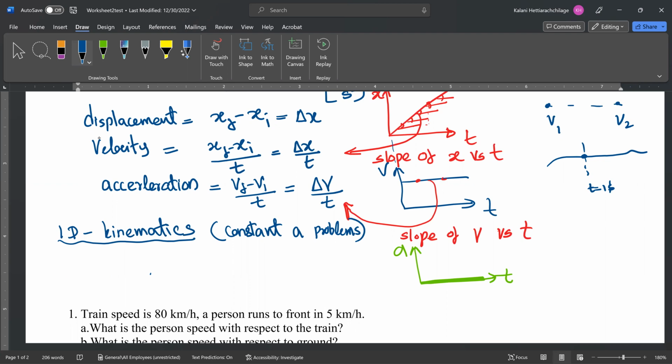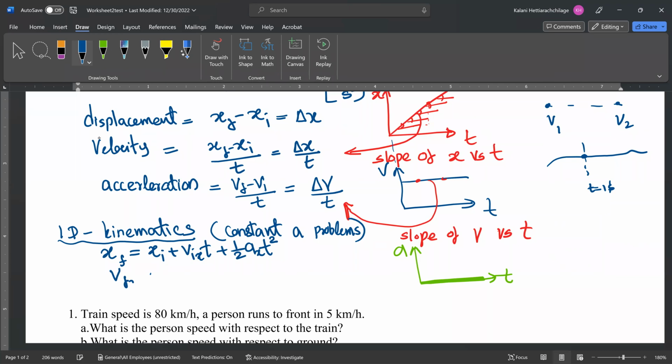So now we talk about the three formulas. I'm going to write them for the x direction. You can also use them for the y direction by just changing x into y coordinate. So x final equals x initial plus v initial in the x direction times time plus half acceleration in the x direction times time squared.